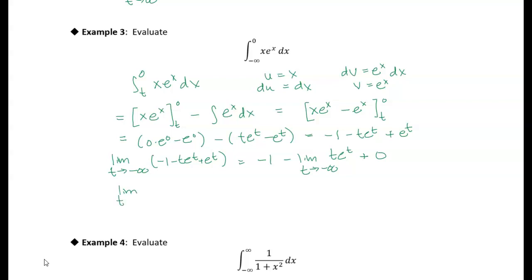So let's look at the limit as t goes to minus infinity, and let's make this t over e to the minus t. That way we have it in the form where it's minus infinity over infinity, so we can apply L'Hopital's rule.